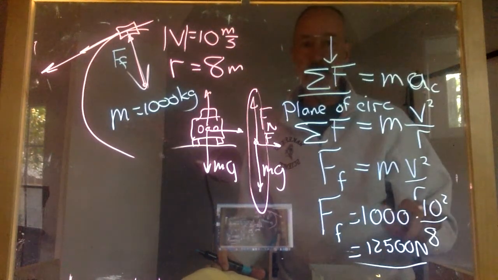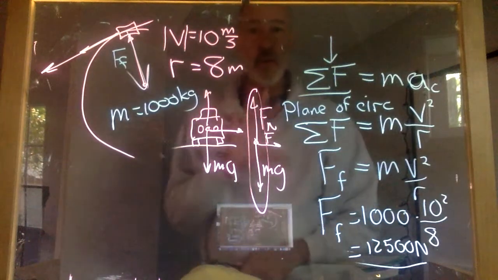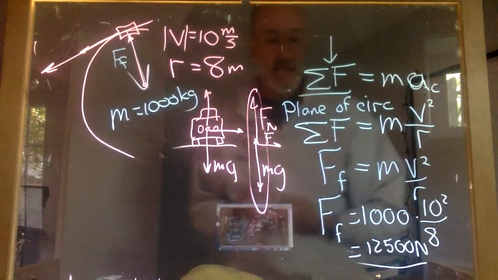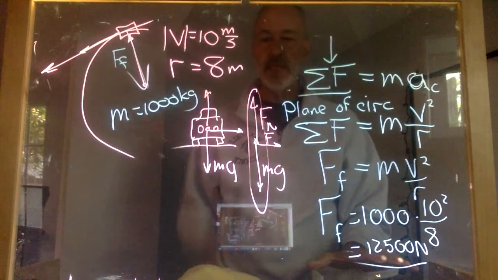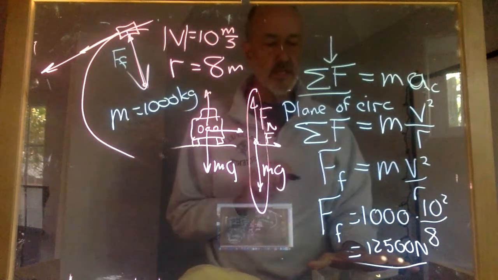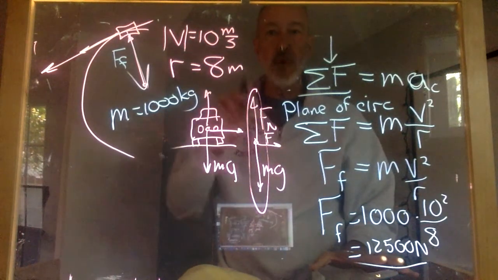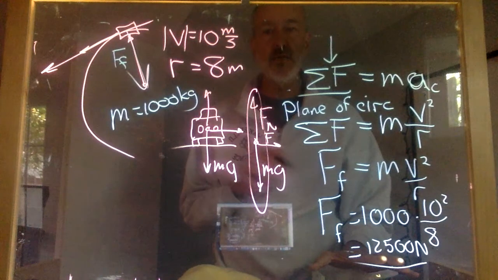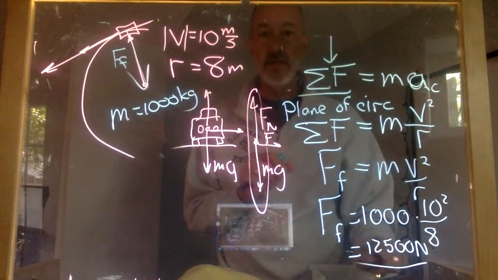If the velocity was bigger, it would be a bigger number for the force of friction required to turn it, okay? Now, that's how much force is required to turn it. If we looked at the normal force and this, we would figure out a critical mu. In other words, we could figure out how sticky those surfaces have to be for it to turn so it doesn't slide out, okay?